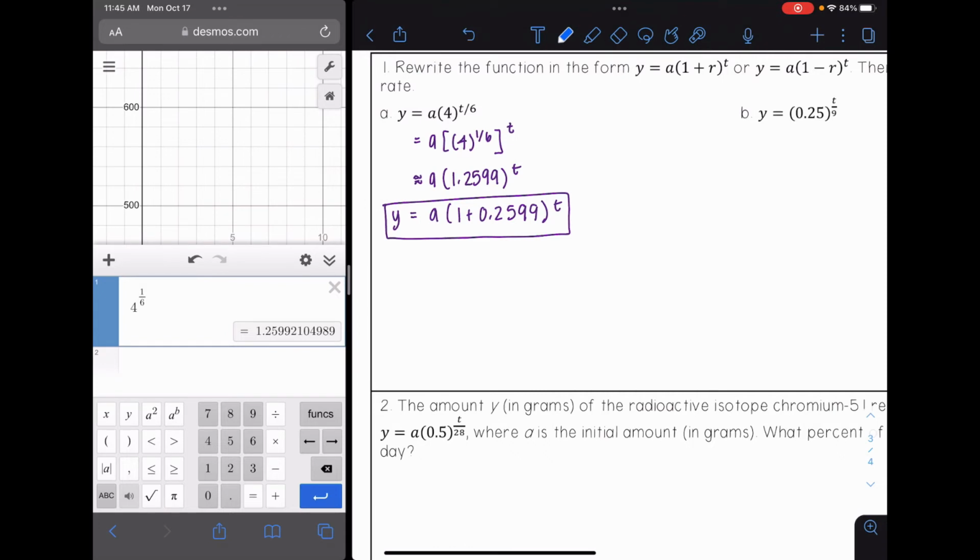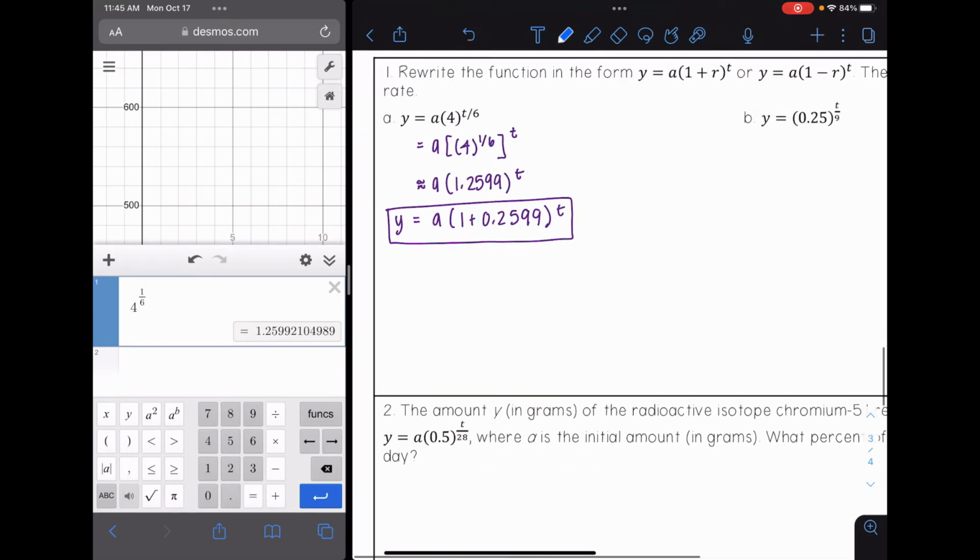The second part of the question says to state the growth or decay rate. Since this one's 1 plus, this is going to be a growth rate. So the growth rate here is 0.2599 or 25.99%.